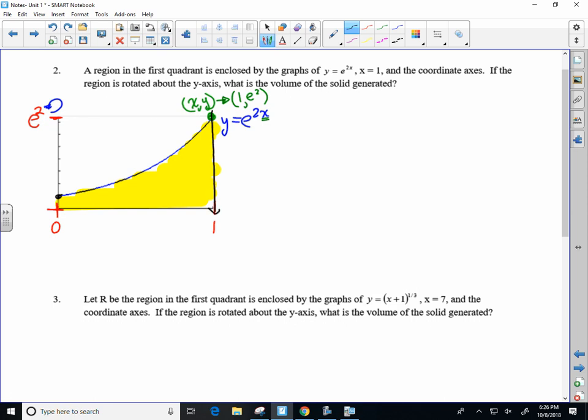The line x equals 1, just like the last question. That needs to get spun around. So I'm going to draw a skinny little rectangle down here.